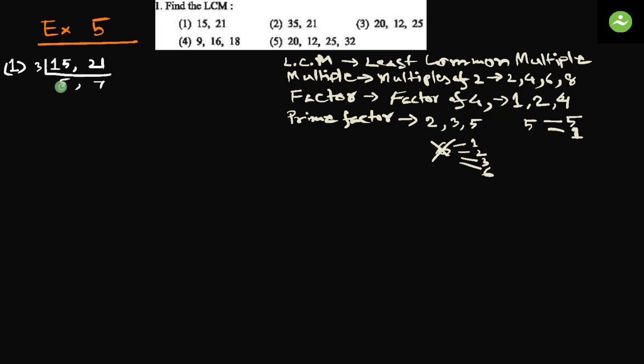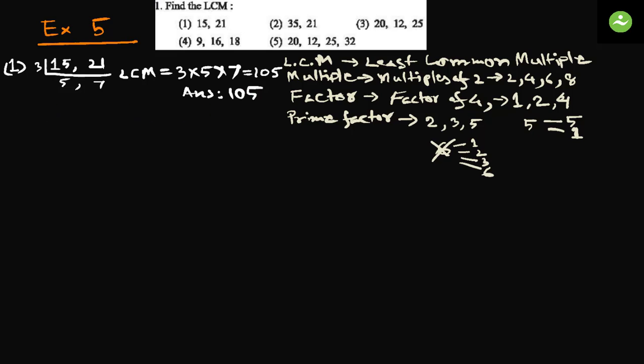We cannot divide these two numbers again. So these are all prime factors. Let us multiply all these. LCM equals 3 into 5 into 7, equals 105. Answer.